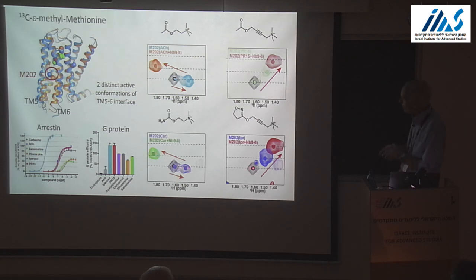Superagonist iperoxo causes a different shift upon binding, and when you add the nanobody, it shifts in a completely different direction. So this is as if there are 2 different active states for these different compounds. It suggests that receptors with a looser packing in the middle of the receptor may adopt even more conformations on the inside.